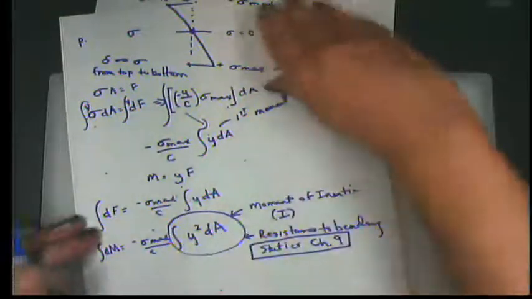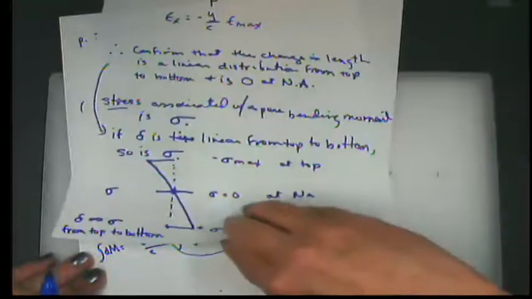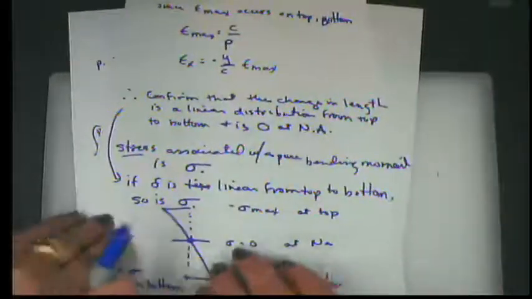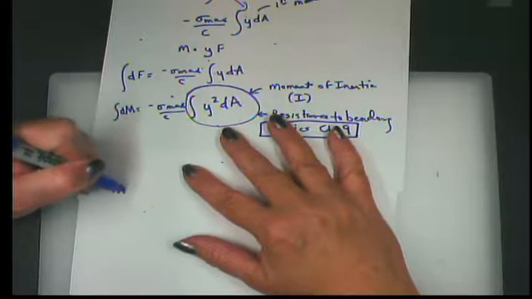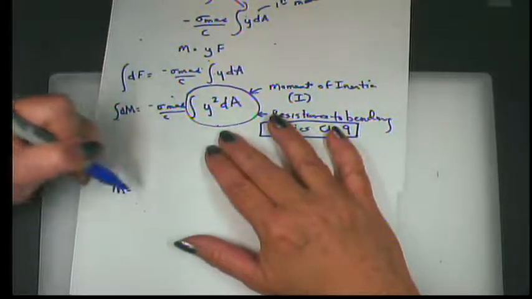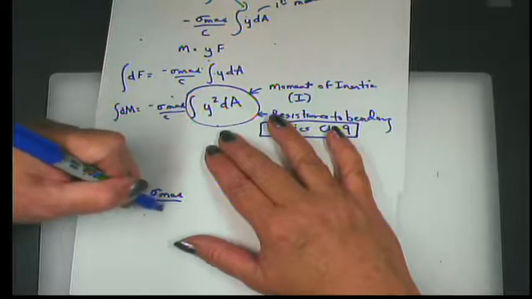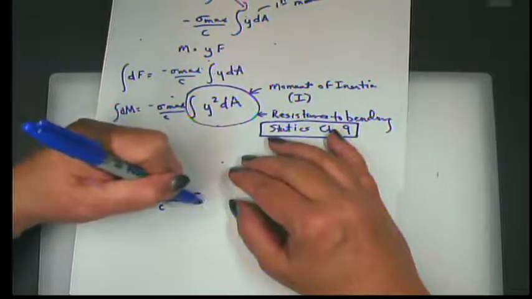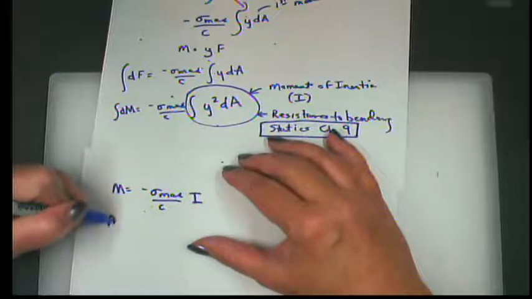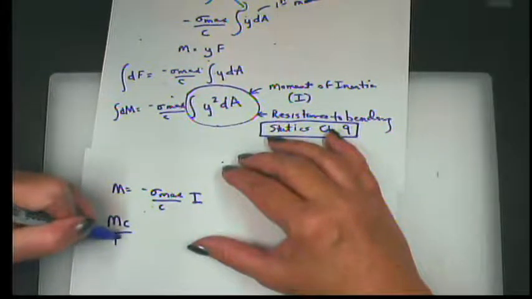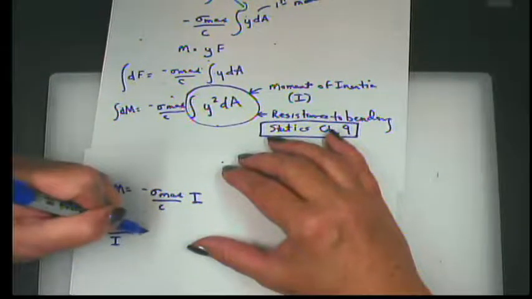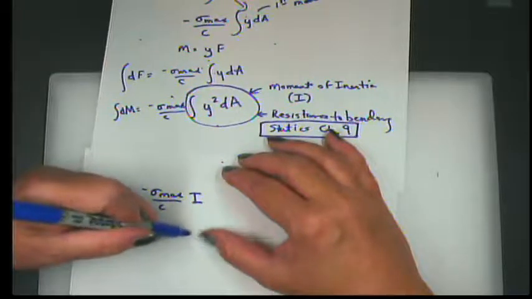All right, well, what this means really is that if we take the integral of dM, or moment, that's just M. And so we get that M is equal to negative sigma max over c times I, or negative Mc over I is equal to sigma max.